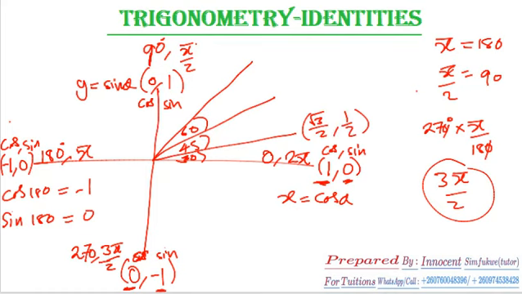Then let's go to 45. So 45, we have root of 2 over 2, comma root of 2 over 2.